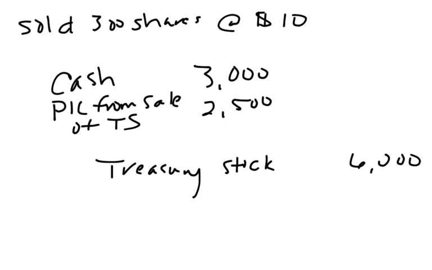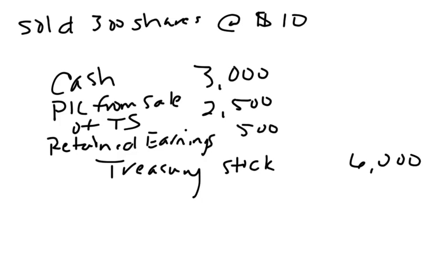We can't have a debit balance there. So if you get to a situation where you sell treasury stock and you've exhausted all of that paid-in capital account from sale of treasury stock, the rest will have to go directly against retained earnings, which is odd. We don't use that very often. But this is a special circumstance where you can. So the rest of the $500 will decrease directly against retained earnings.